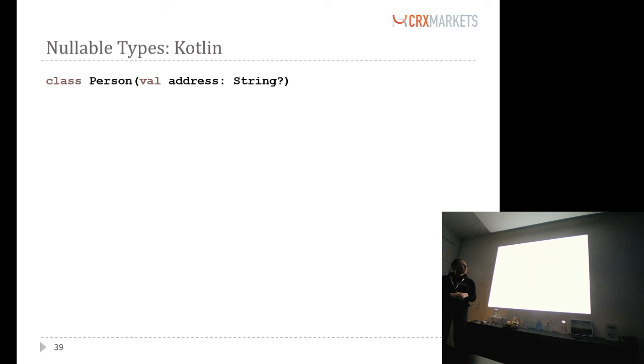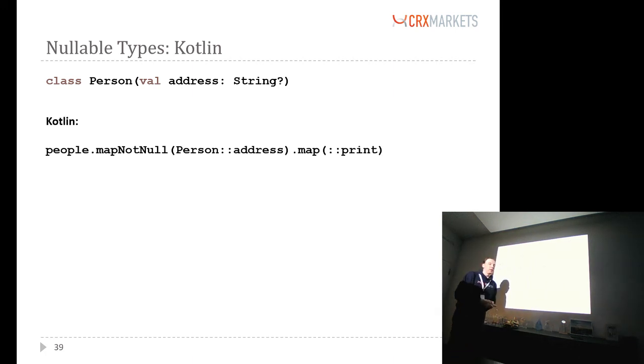So since there are no optionals, the same code is a little bit trickier because it requires us to use a special method that was designed particularly for this purpose: mapNotNull. To me it looks a little bit strange because to evade the problem with optionals, they had to create a new special method for this case. But basically it does the same as we saw on the previous slide.